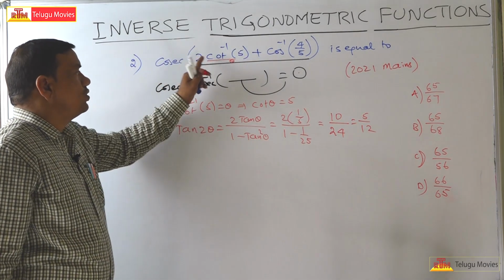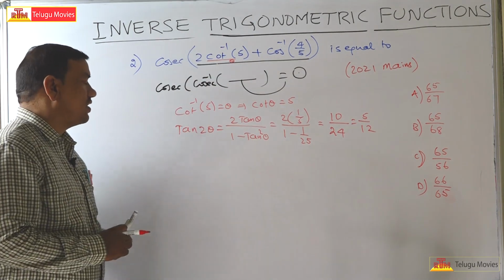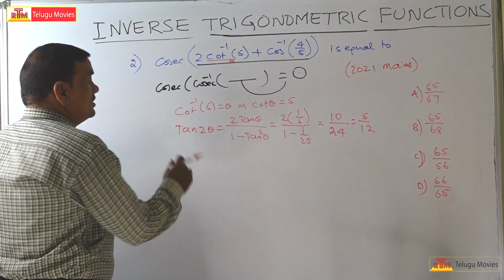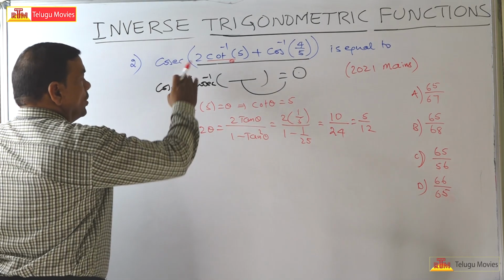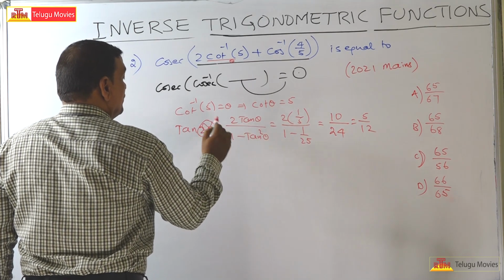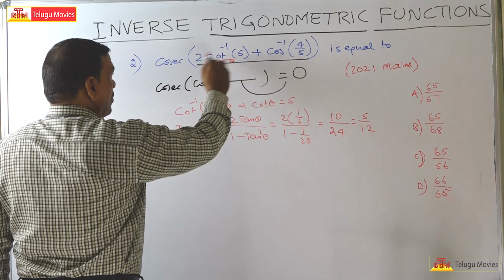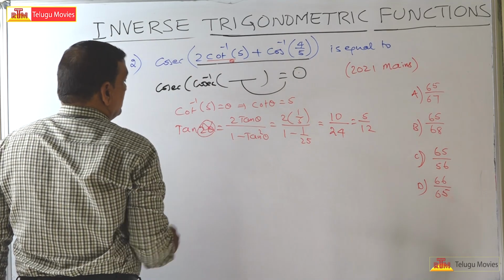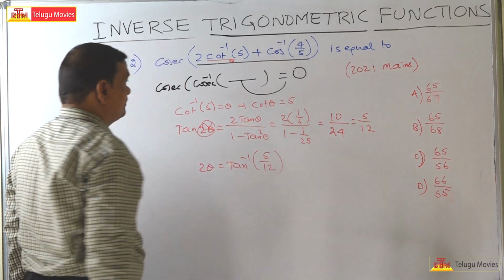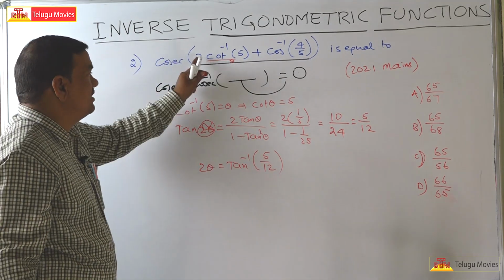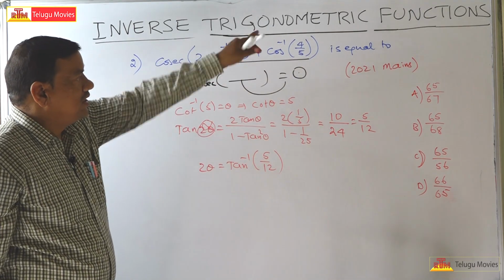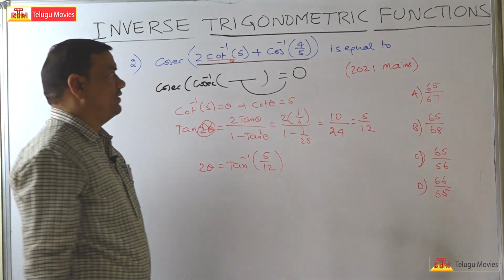That means 2 cot inverse of 5 is equal to tan inverse of 5 by 12. In place of 2 theta, you can write tan inverse of 5 by 12.